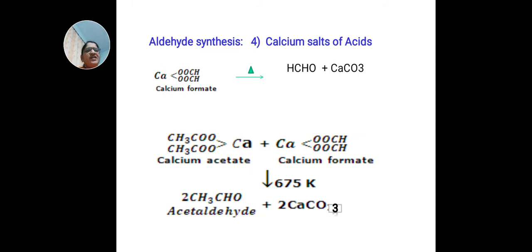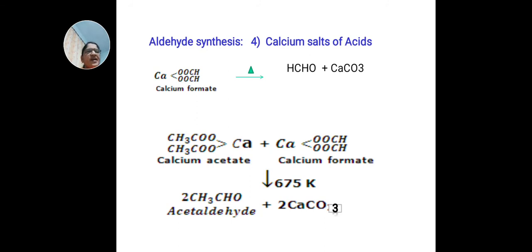carbonate, that is CaCO3. Then the second example, that is calcium acetate. One molecule of calcium acetate and one molecule of calcium formate. This calcium acetate is from two molecules of acetic acid, and this calcium formate is again from two molecules of formic acid.